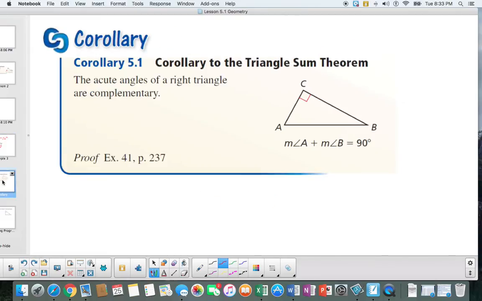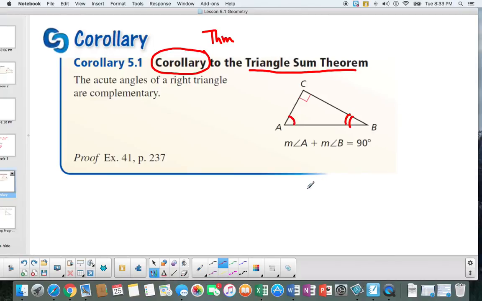Okay, the corollary to the triangle sum. Corollary is another word for theorem, but it's a theorem that's easily proved from a big theorem, and the big theorem we're using is the triangle sum. So this little theorem, the corollary, says that these two angles right here add up to 90.